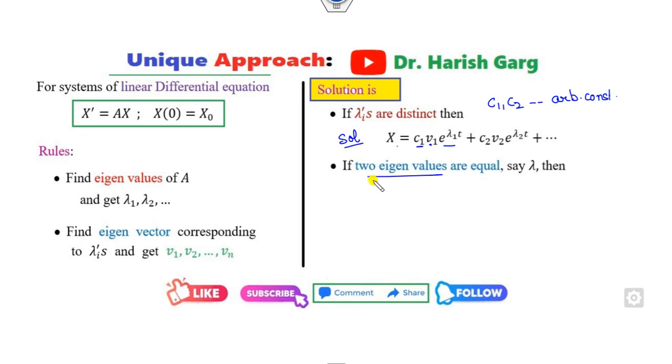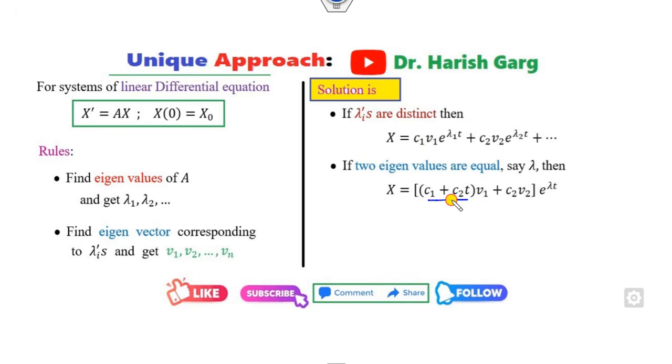However, if the two eigenvalues are the same, then you replace this constant with C1 plus C2 times t, as you did in your ordinary differential equations. For example, if you have the two values C1 and C2, then you always write the constant in this manner.